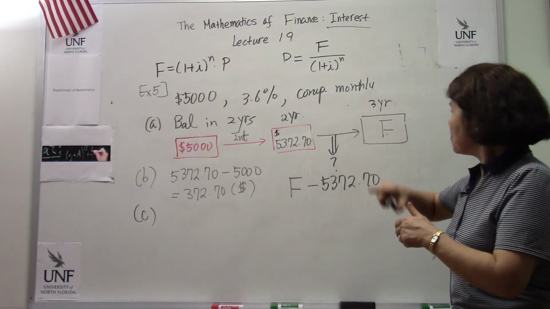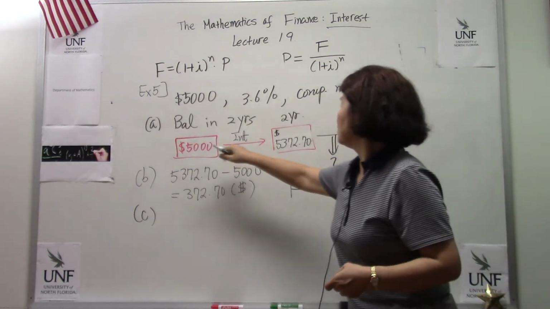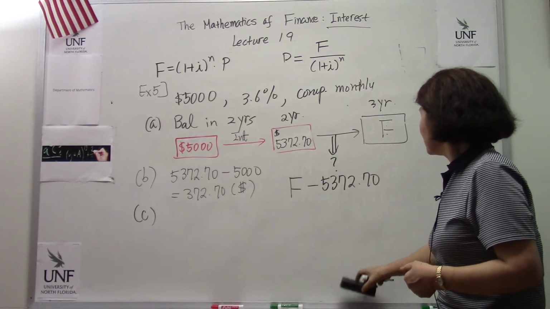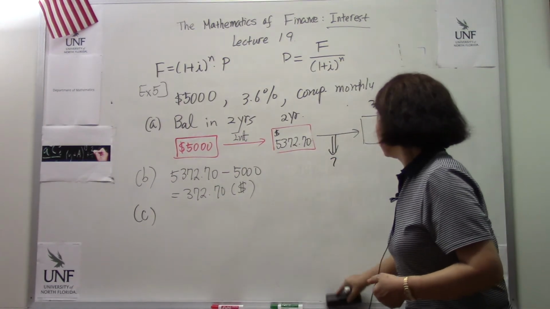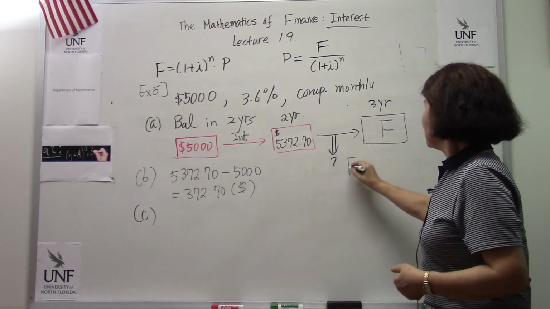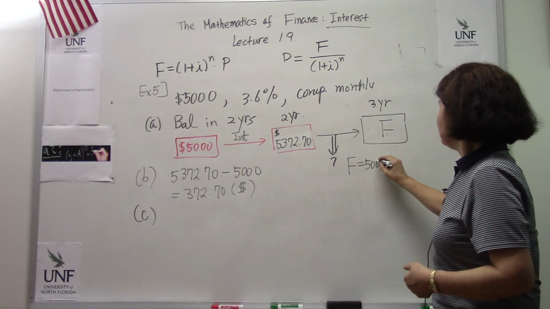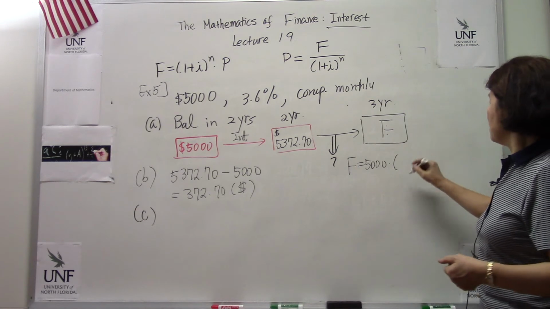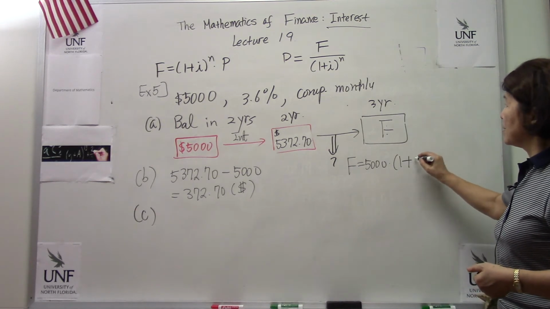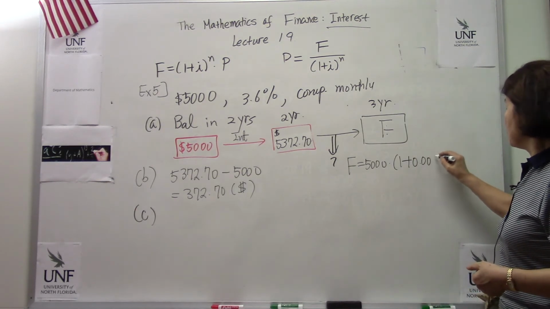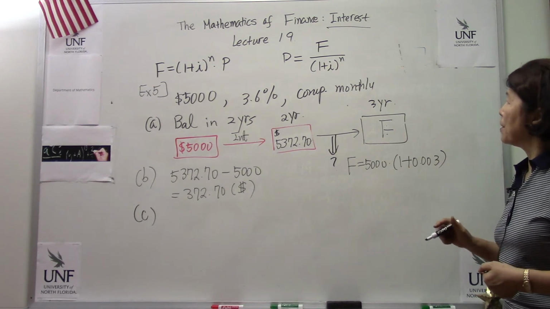So how do you compute this F? We start from scratch. This F is going to be 5,000 times, as you remember earlier, 1 plus 0.003 to the what power?